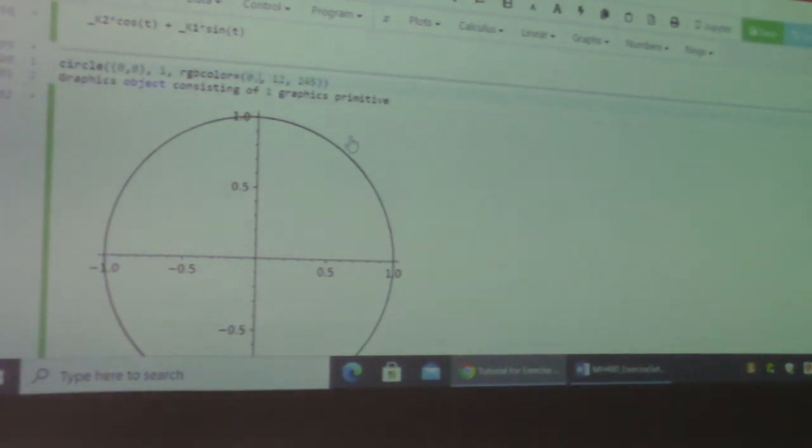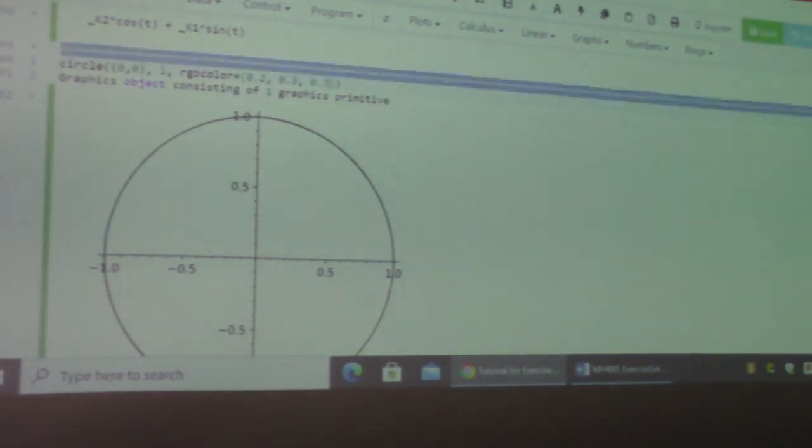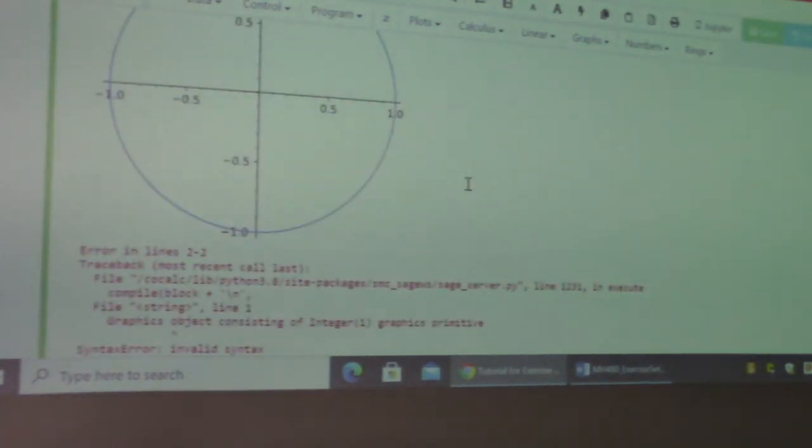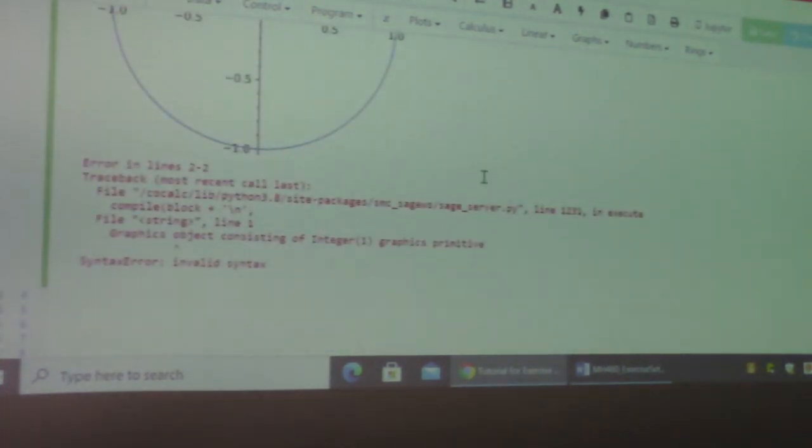Maybe you have to have a number between. Sometimes the RGB has to be between 0 and 1. It may just not like that I'm putting something larger than 1 there. I wonder. Yeah. What? Where is this error coming from? Lines 2-2.